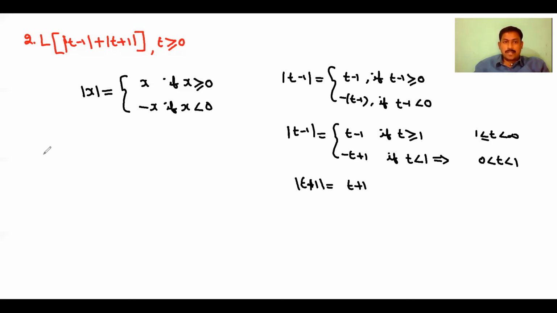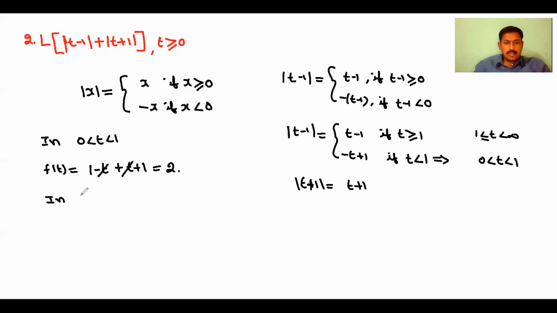So we can write, in 0 less than t less than 1, where f of t is equal to, in this interval modulus of t minus 1 is 1 minus t. I have substituted the value. Already I told you this value won't change, so modulus of t plus 1 is t plus 1 only. If you simplify, 1 plus 1 is 2.